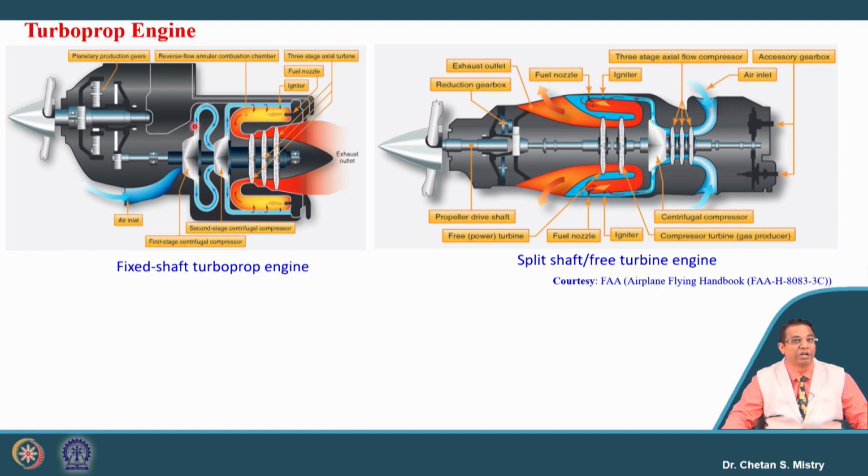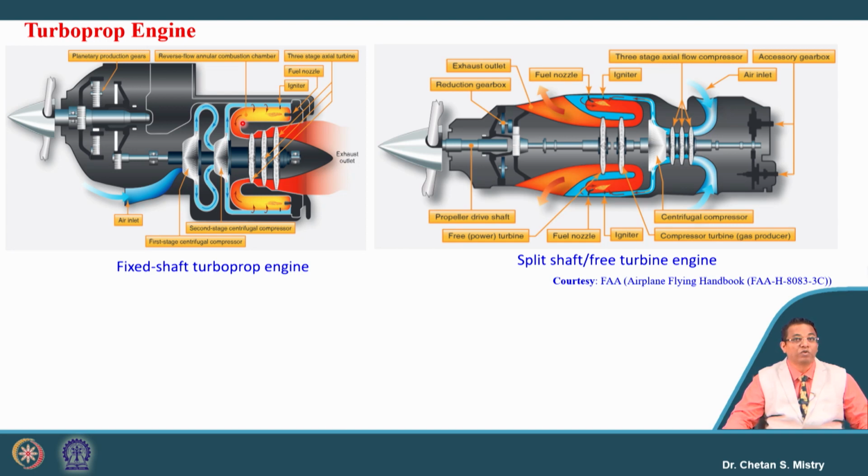This high pressure air then enters the second centrifugal compressor. The exit of this second centrifugal compressor goes to the annular combustor, or say reverse annular combustor. Just look at the construction of this combustor.